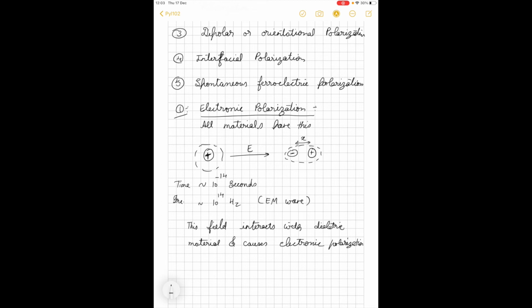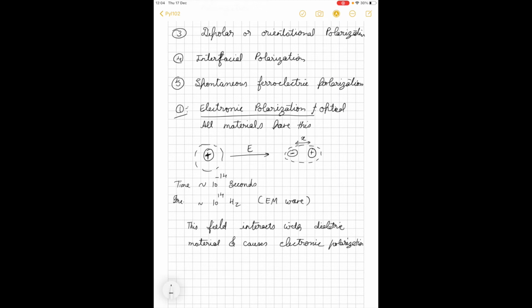Because of the frequency, it is also called the optical polarization. So I can just say electronic, optical. All right, so this was electronic polarization.